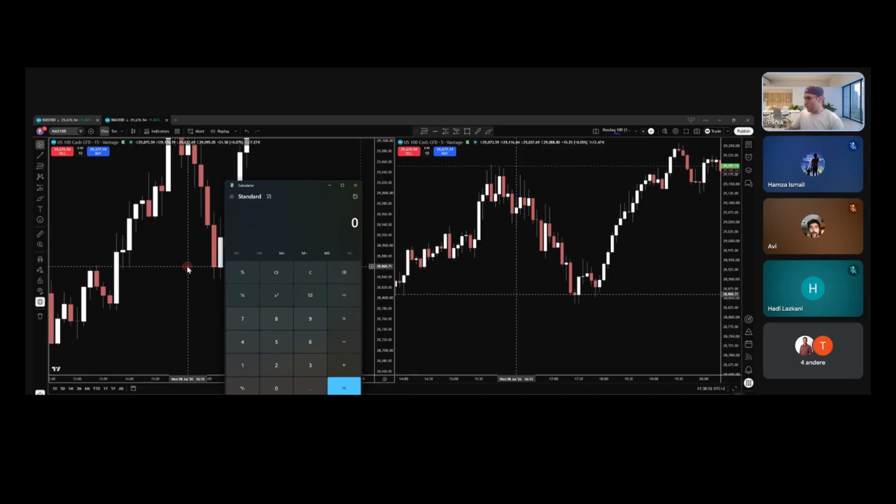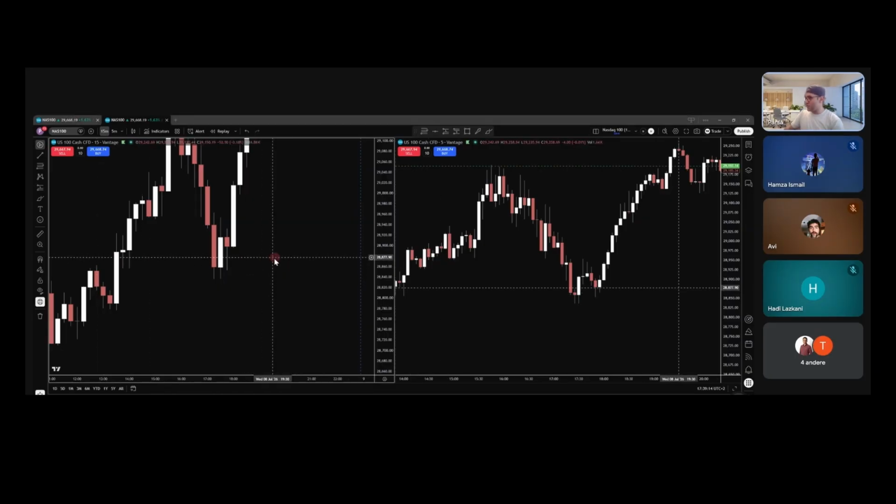It depends always. 3/4 of the body or 1/4 of the body from here. But if I look here, I see I had sort of a resistance here, and with the wick I put it a bit above that. In that case I would use maybe 3/4 of the body, but it would be okay to use the half too.